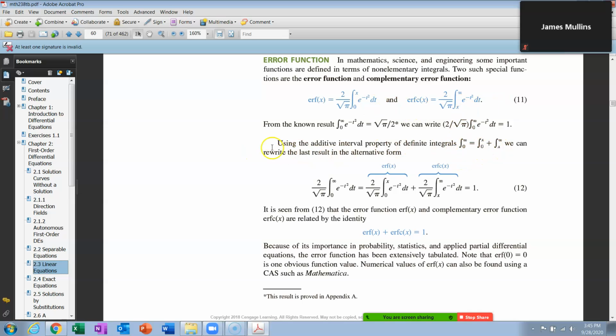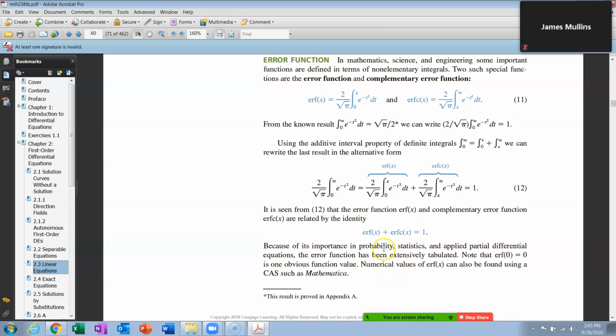We can recall the last result in the alternative form: the error function plus the complementary error function have to equal 1. Same from 12, the error function erf of x and the complementary error function erfc of x are related by this identity, that the sum of those two is always equal to 1.